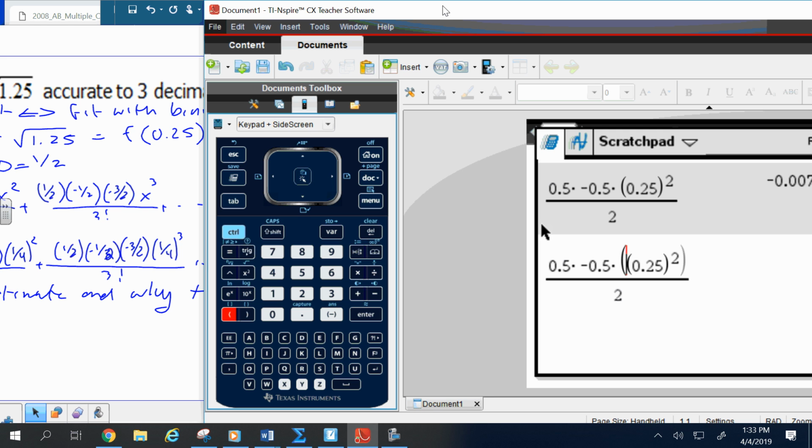What else are we going to need when we go to the next term? Negative 3 halves. So we're going to bring in negative 1.5. What other kind of change are we going to need to do? Change the exponent to 3 and change the denominator to 3 factorial or 6. If you wanted to go factorial, that's fine. But that gives you negative 9.765.